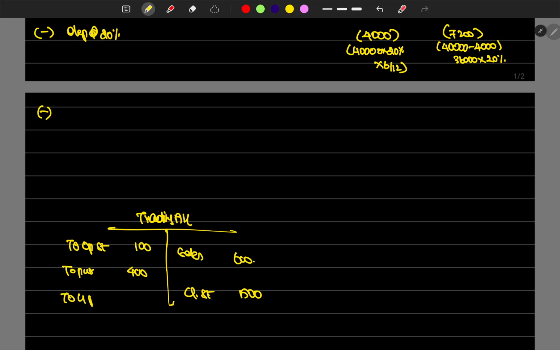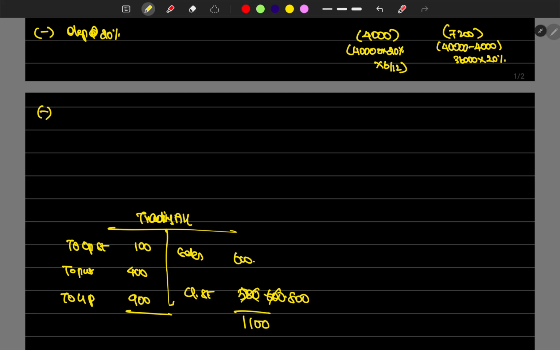What's the GP? 1,100 minus 500, which is 600, right? What if the closing stock increases from 500 to 600? Then our profit will increase to 700, right? If it is 800, then it would be 900.